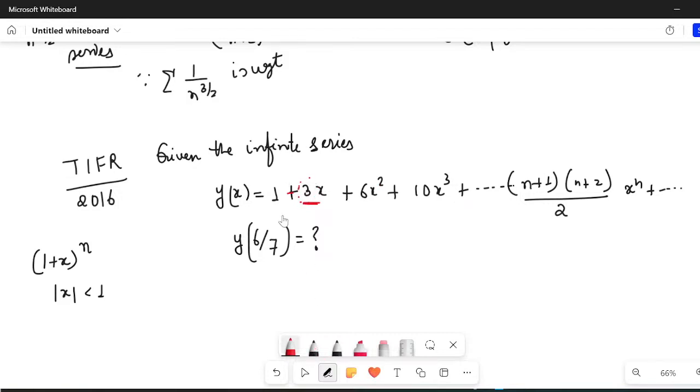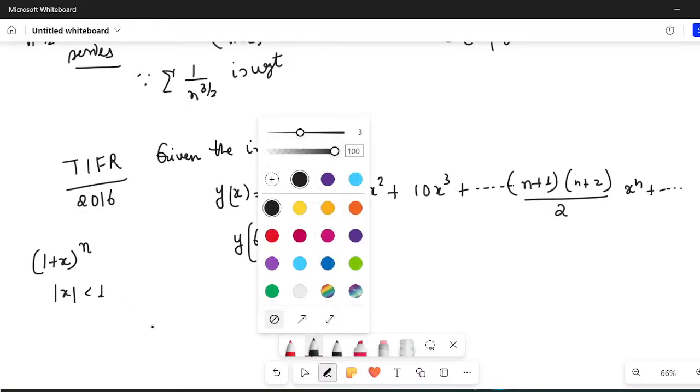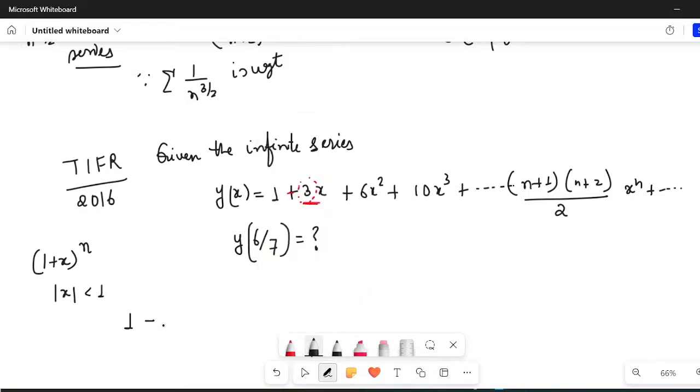and you know that if 3x is written, there may be two possibilities. Either it would be 1 plus x raised to power 3, or it will be 1 minus x raised to power minus 3. If there is plus here and minus there, or the other way round, then this will be 1 minus 3x.